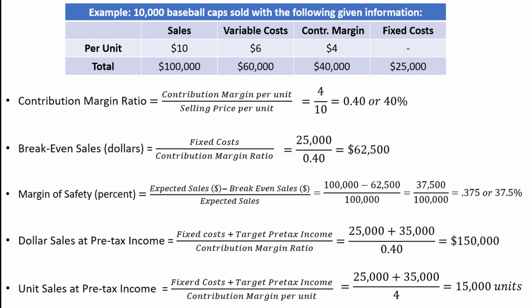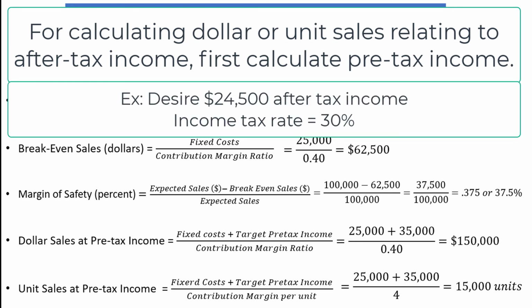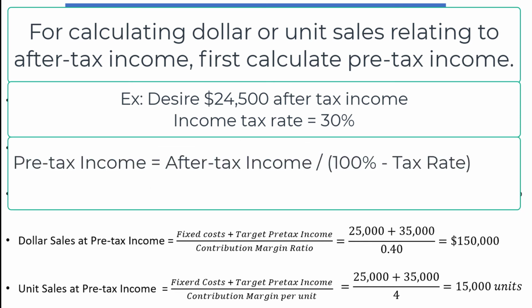If you want to calculate the unit or dollar sales for after-tax income rather than pre-tax income, we don't really have straightforward formulas for that. So instead, you must first calculate the pre-tax income and then use the appropriate formula relating to the pre-tax income. For example, if the company was to desire a $24,500 after-tax income and the income tax rate was 30%, you can convert to the pre-tax income by dividing the after-tax income by 100% minus the tax rate.